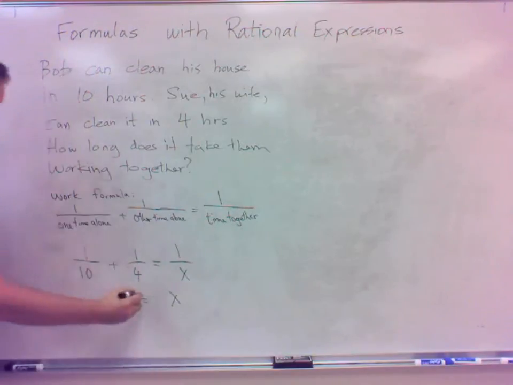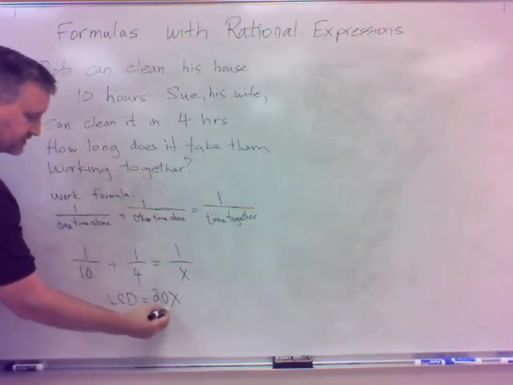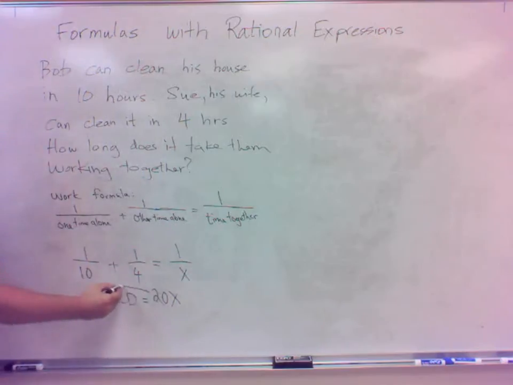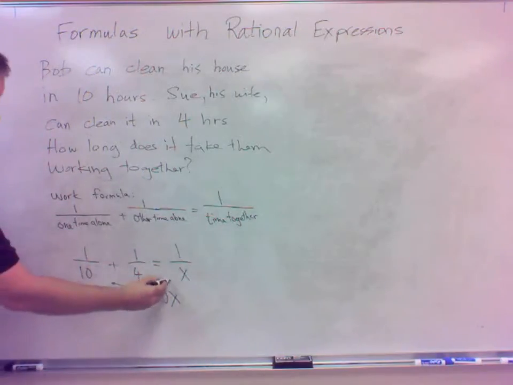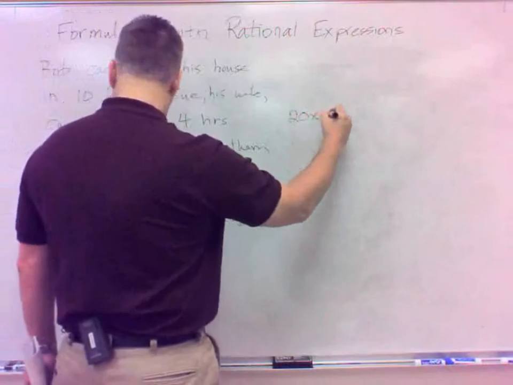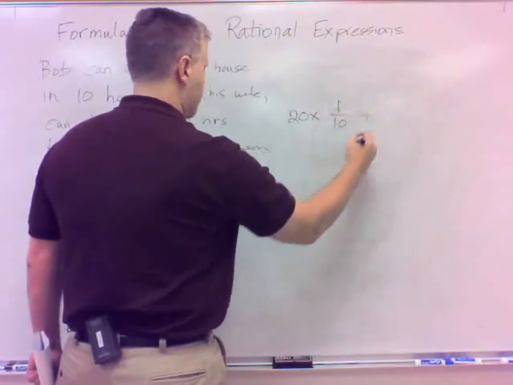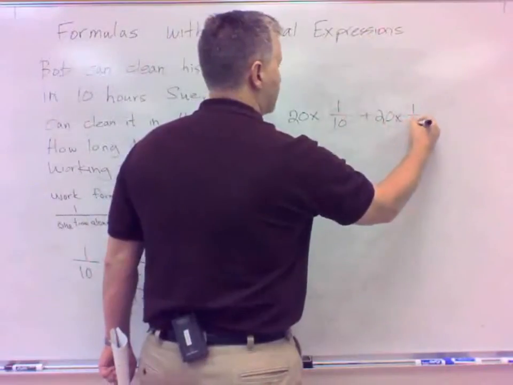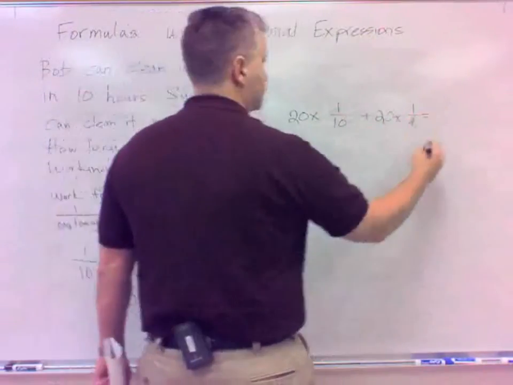So I can use 20 for those two. So 20x will be the least common denominator. Then with that, I take it and multiply it by all the parts there. So it's 20x times 1 over 10, 20x times 1 over 4, and then 20x times 1 over x.